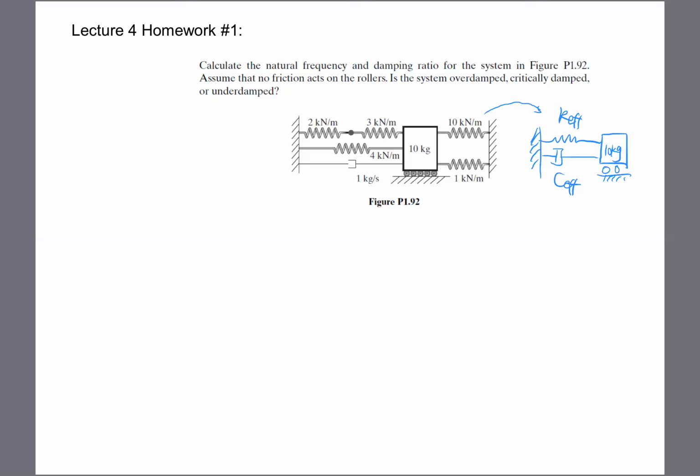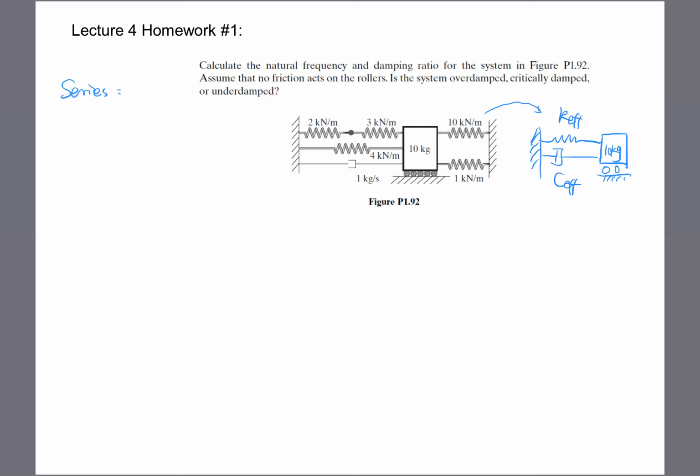So the difficult part is, the last time when we learned about spring groups, that's in lecture 4. If you go to slide 5 in your lecture 4, we actually discussed the 2 types of spring groups. The first type is series.